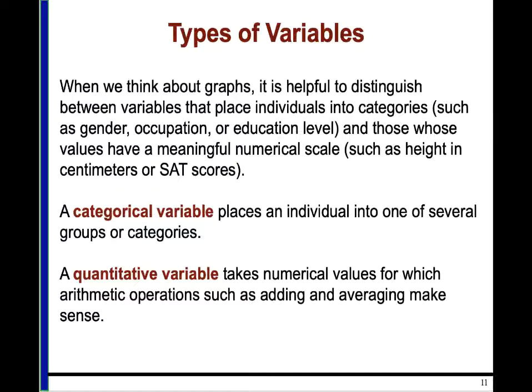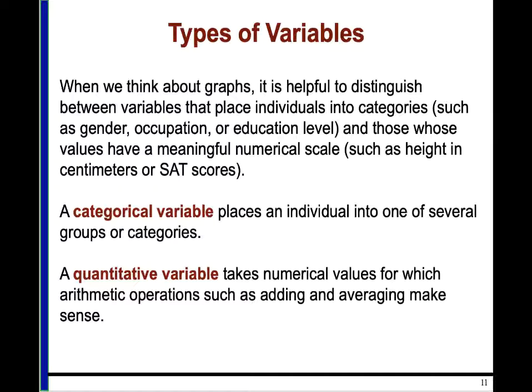Variables that place an individual into one of several groups or categories is called a categorical variable. On the other hand, a quantitative variable is going to take numerical values for which arithmetic operations such as adding or averaging make sense. You have to be careful here. A quantitative variable does not necessarily have to be all of the numbers.